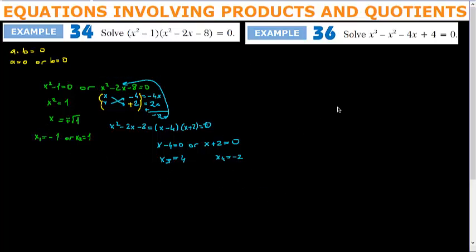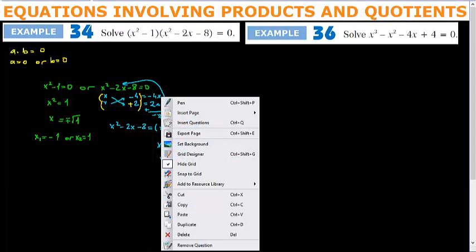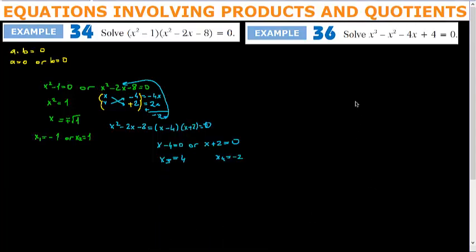That's why there are 4 roots here. Okay, the second one here, x cubed minus x squared minus 4x plus 4, is a kind of question where we should use the grouping method. I can group in two different ways. I can group x cubed and minus x squared, or I can group x cubed and minus 4x. Like there are two different methods as I said.